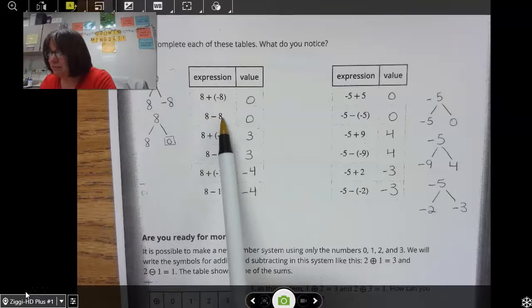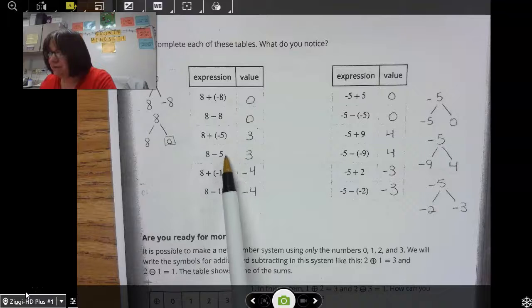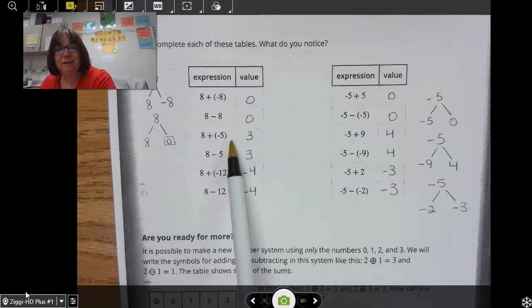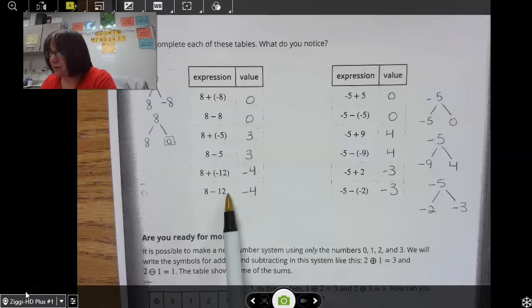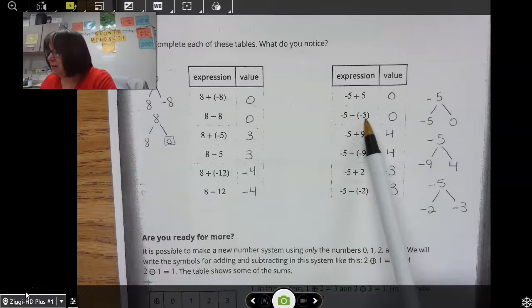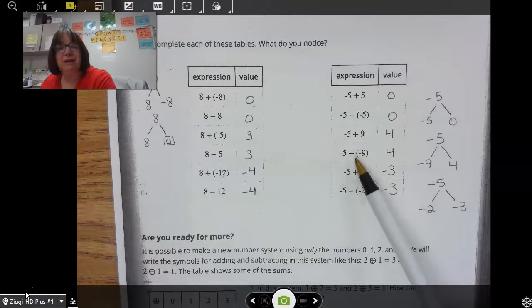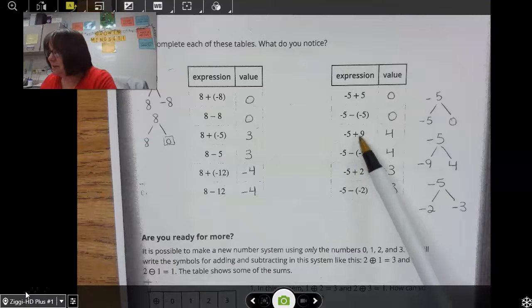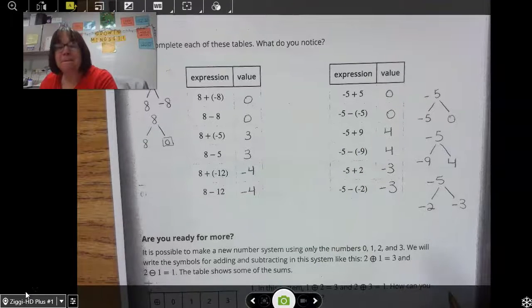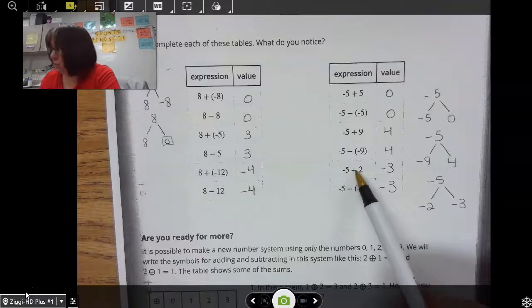Subtracting 8 is the same as adding a negative 8. Subtracting 5 is the same as adding a negative 5. Subtracting 12 is the same as adding a negative 12. Subtracting a negative 5 is the same as adding a positive 5. Subtracting a negative 9 is the same as adding a positive 9. And subtracting a negative 2 is the same as adding positive 2.